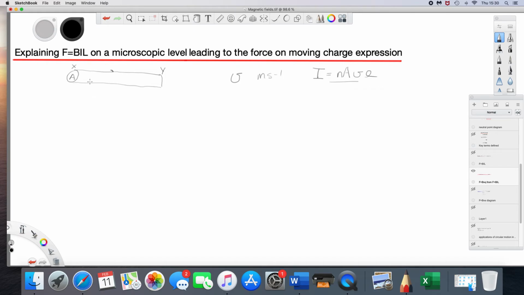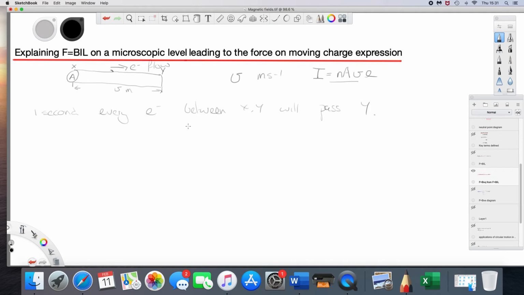So, if we make our length XY v meters, then in 1 second, every electron between X and Y will pass Y. The electrons are flowing that way, right?